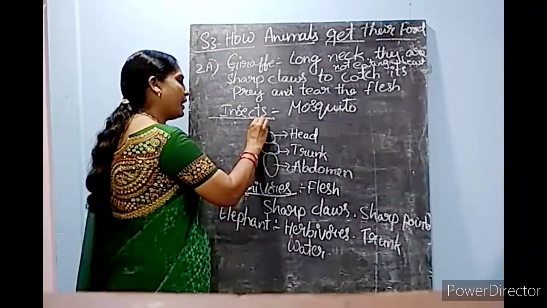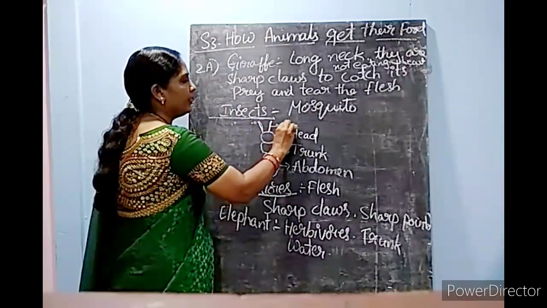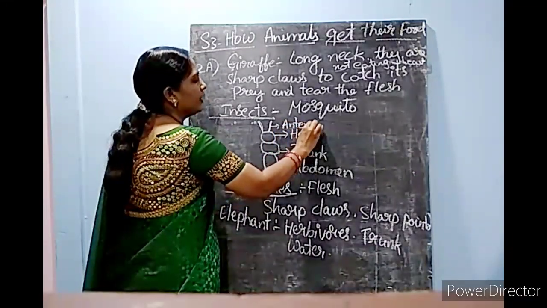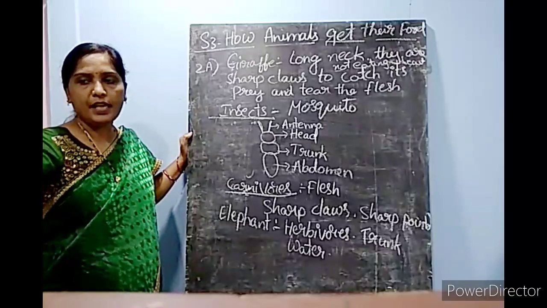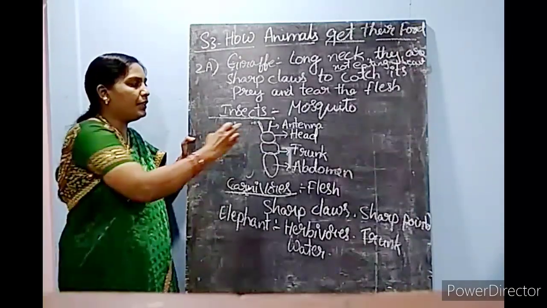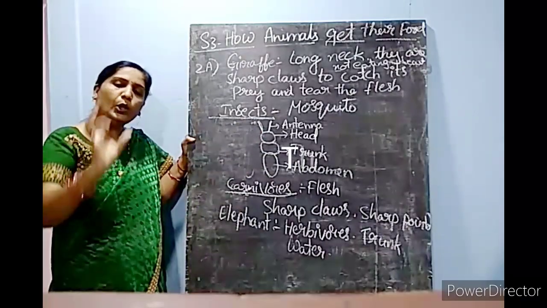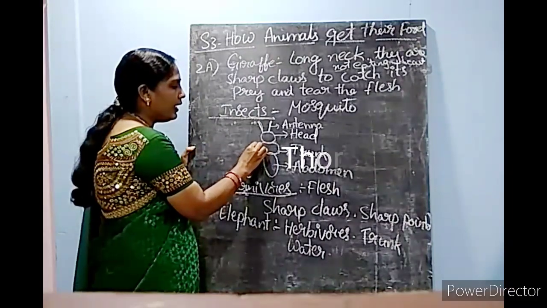Now they have antennas, short antennas. These antennas help them to sense their surroundings and also to smell. With the help of smell, they go and collect their food. And they have legs.